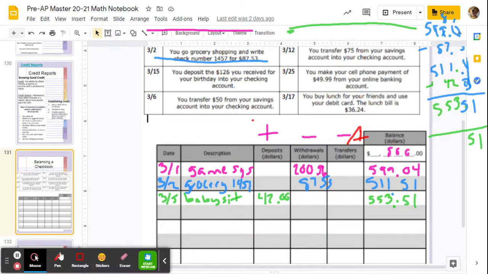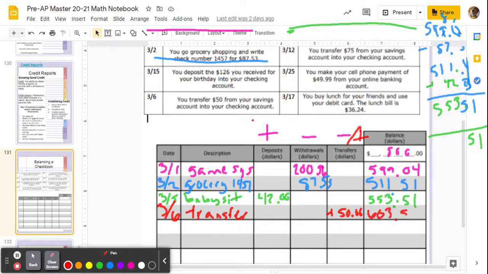So we're adding it to our savings account. So on 3/6, we're going to do a transfer. And I'm going to put plus $50. So we're going to add $50 here. So it's going to be $603.51.